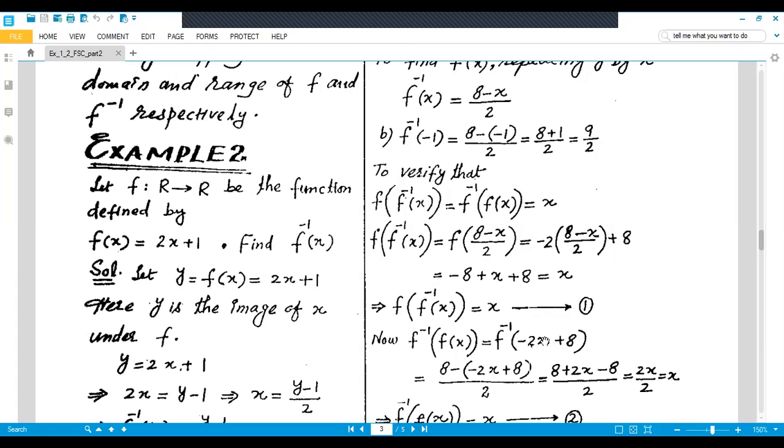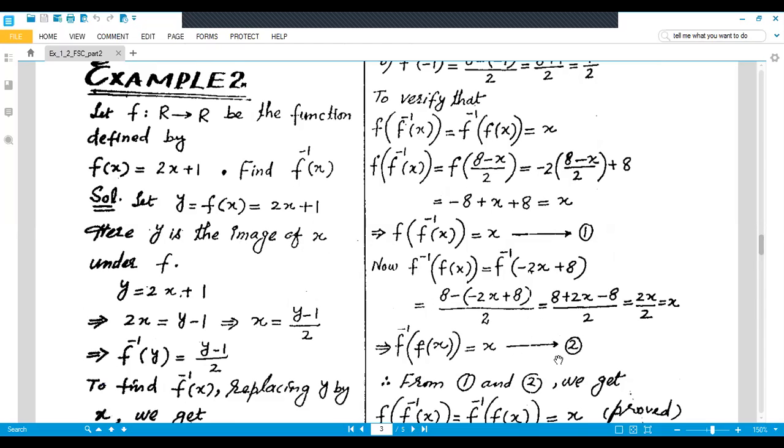Where you find x in the f inverse function, you put this. The f inverse function is what? 8 minus x over 2. In place of x you put minus 2x plus 8. So 8 minus of minus 2x plus 8, divided by 2. 8 plus 2x minus 8, the 8s cancel, the 2 and 2 cancel, so you get x. So the right hand side is also equal to x.